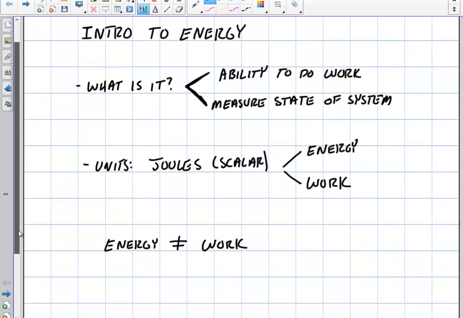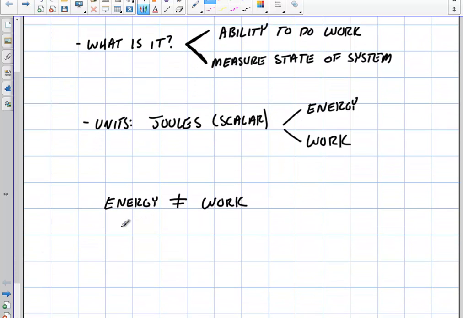Okay? So energy is going to be the total measure of the state of the system, and work is going to be if that energy changes. So for example, if I had an energy of 100 joules, okay, and it changes to 110 joules, then you did work. But just because I have energy doesn't mean that there's work.